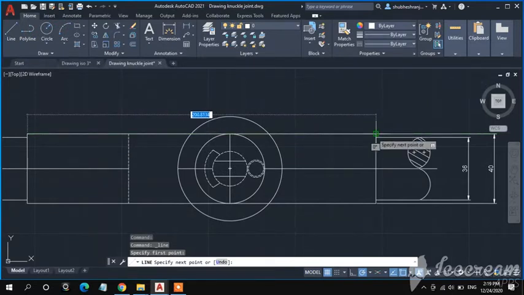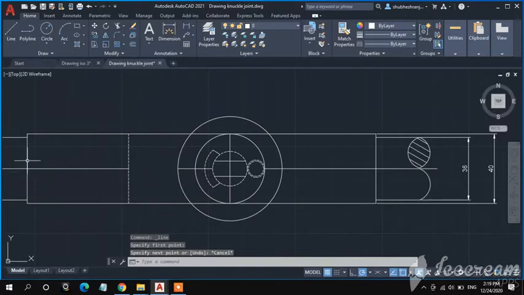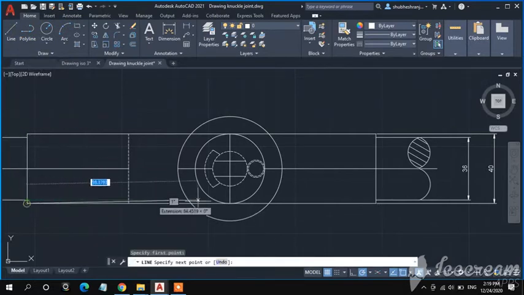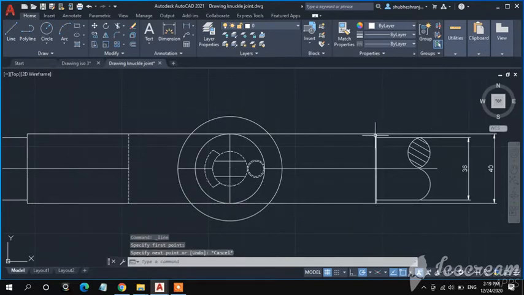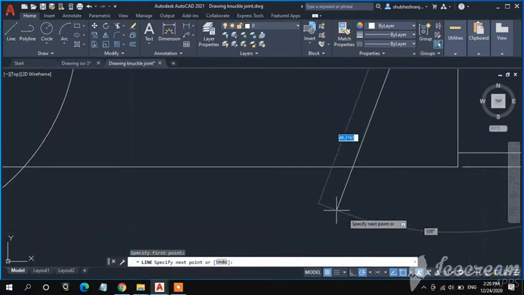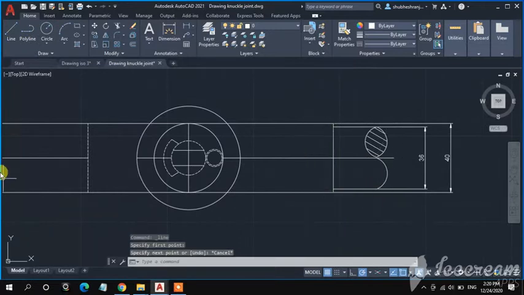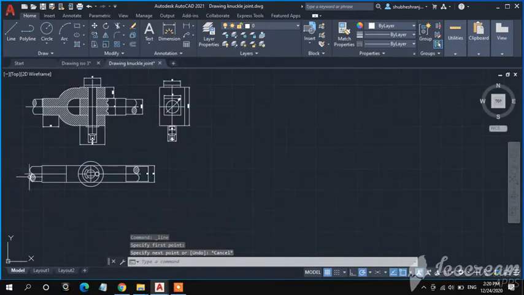In this you see there is the shaft portion. First you have to select the dimension from here to here. This is approximately 200 mm distance.